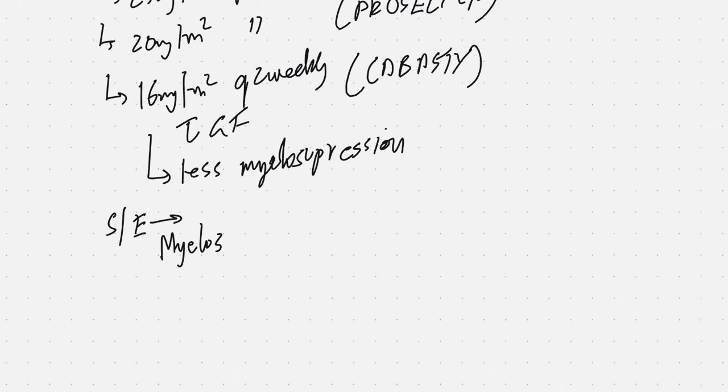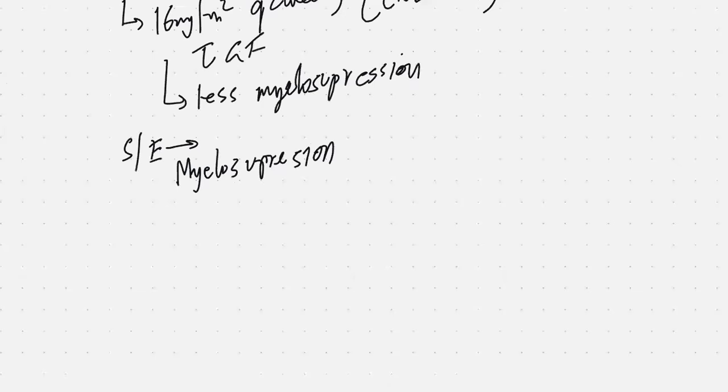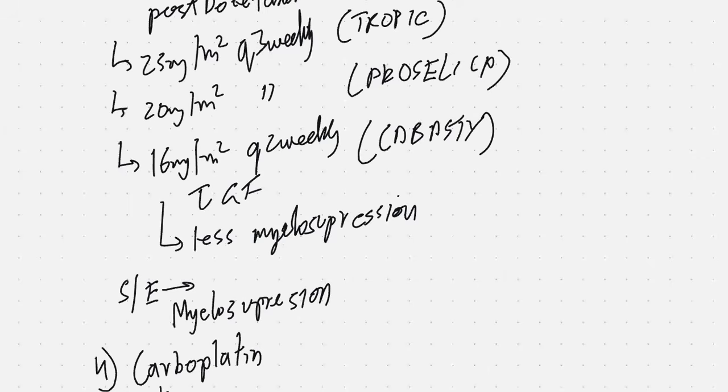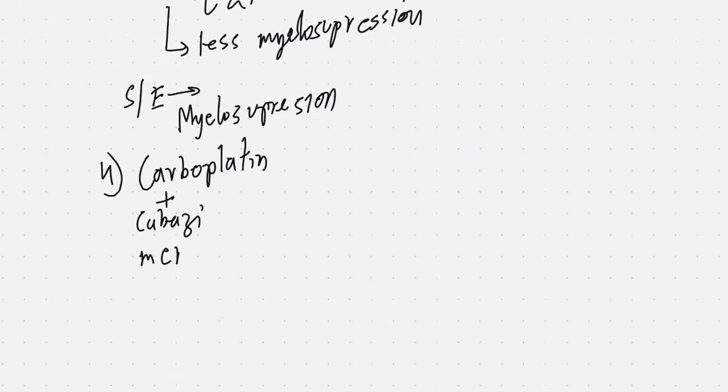Apart from this, there's a fourth drug. That is carboplatin. So carboplatin can be combined with cabazitaxel, especially in the metastatic castrate-resistant prostate cancer setting, right? Especially if it's aggressive disease that's rapidly progressing. Okay.